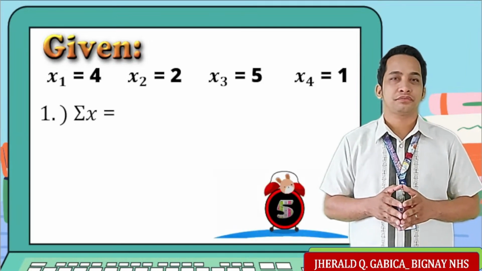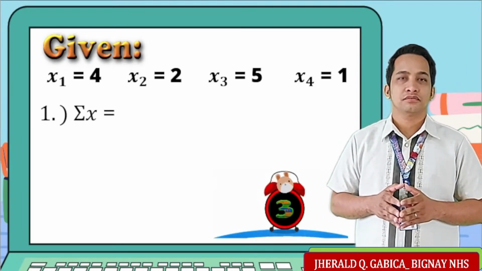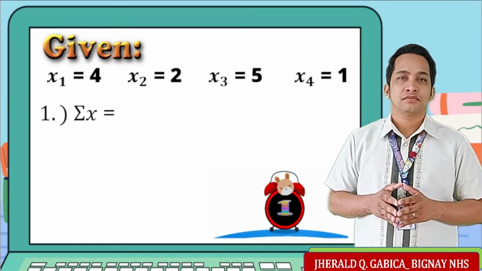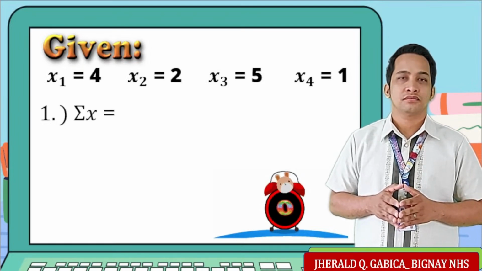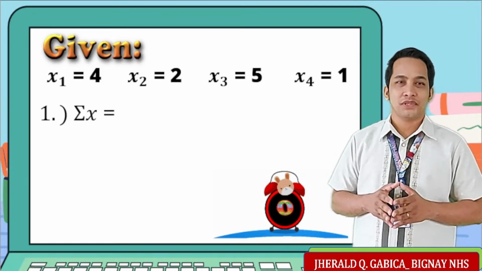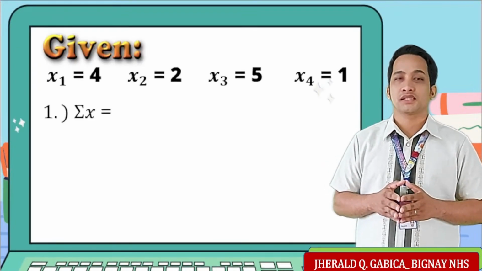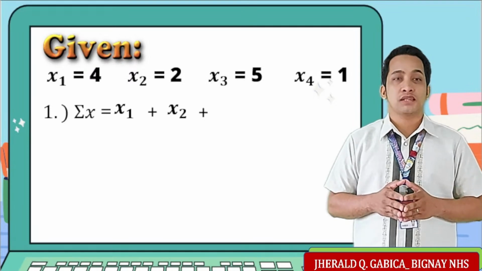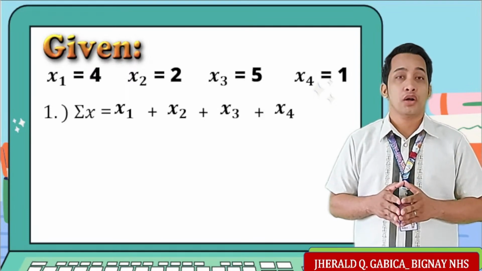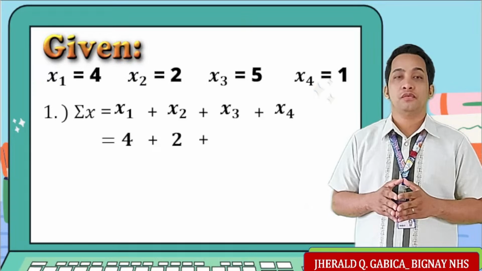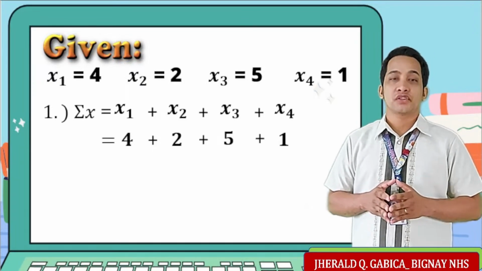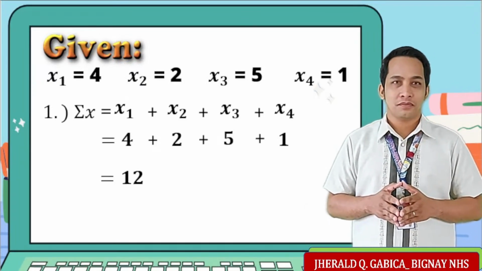Go. Time's up. Let's have the solution. Summation of x equals x sub 1 plus x sub 2 plus x sub 3 plus x sub 4. That is 4 plus 2 plus 5 plus 1. So the correct answer is 12.